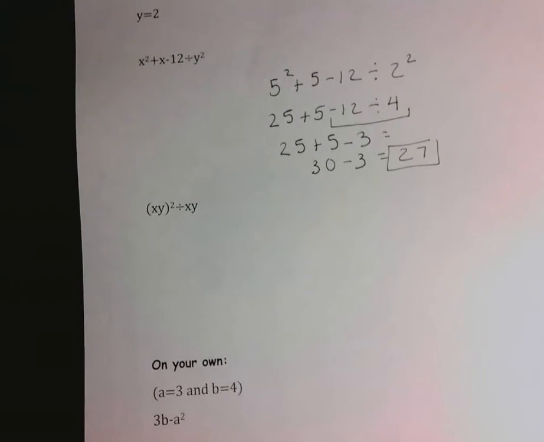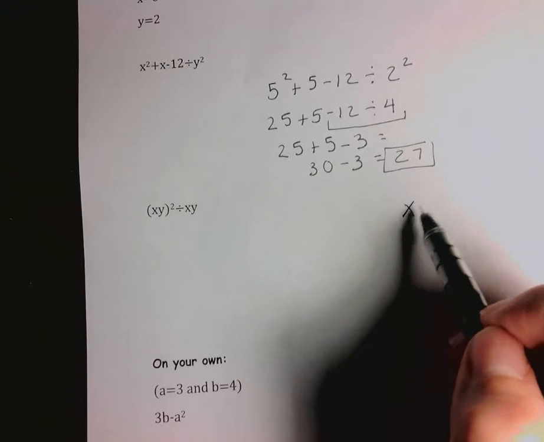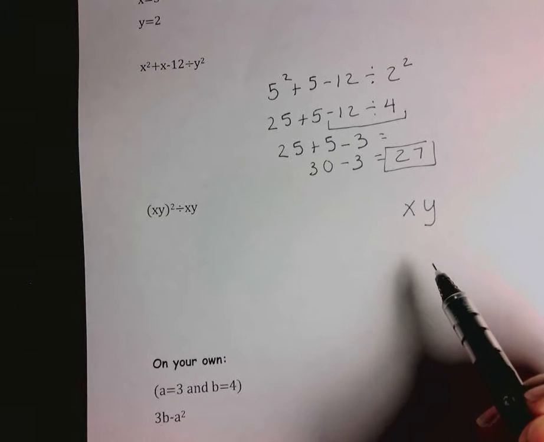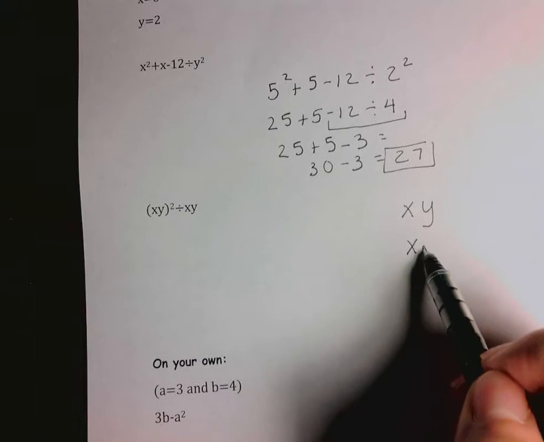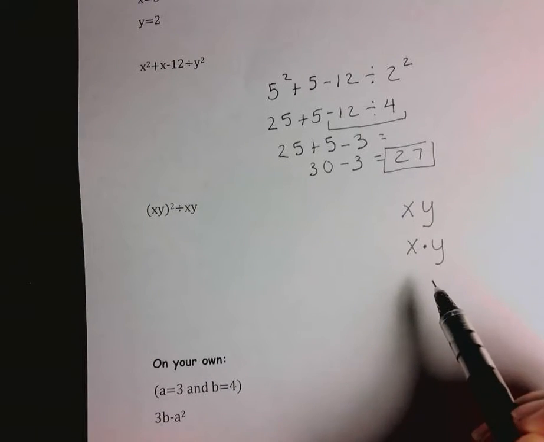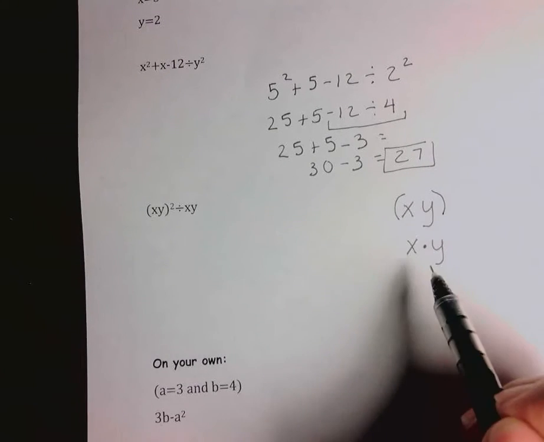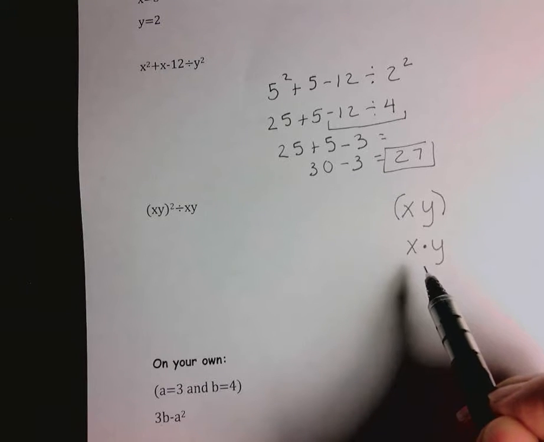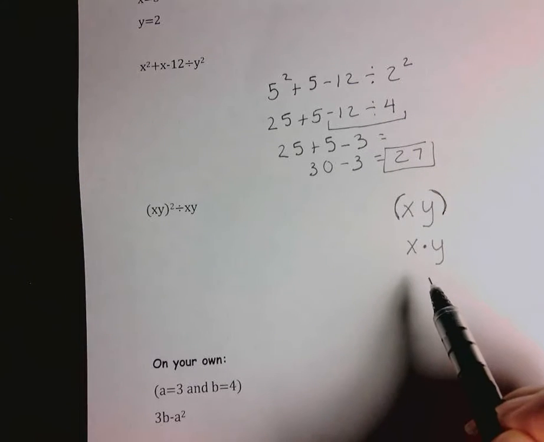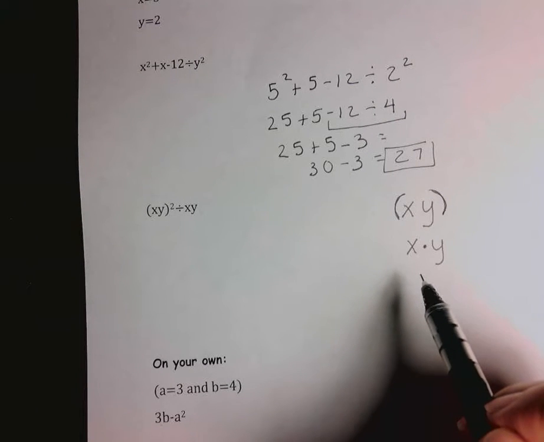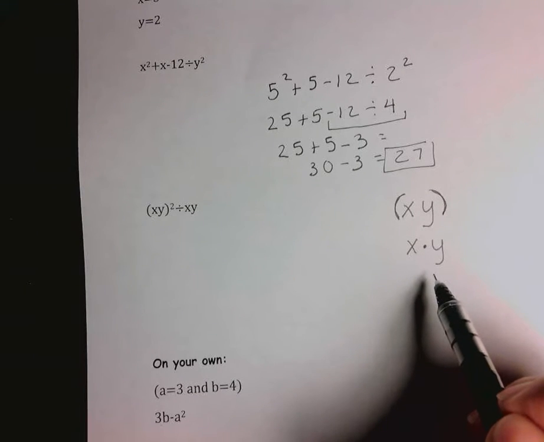And this last example, remember when you have two variables or a number and a variable that are connected to each other without a multiplication symbol in between them, that means they are to be treated as a single number. They are to be treated as if they are grouped together. So when it comes to order of operations, this is actually different than this.